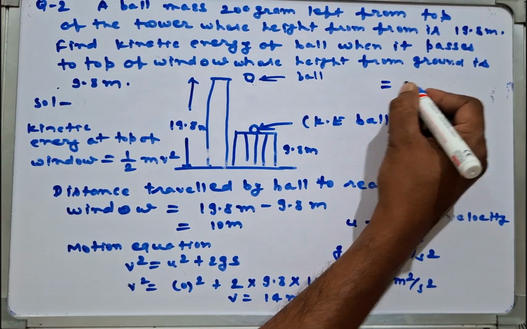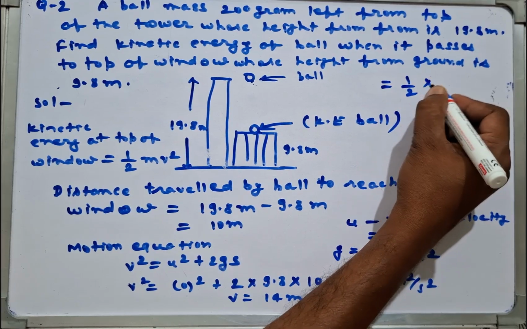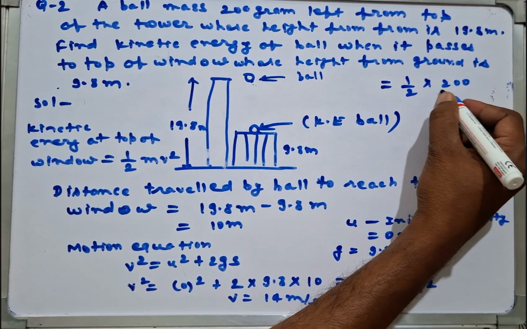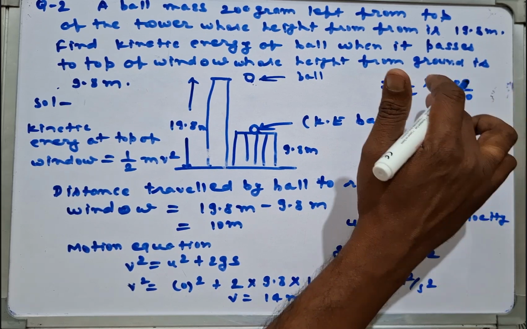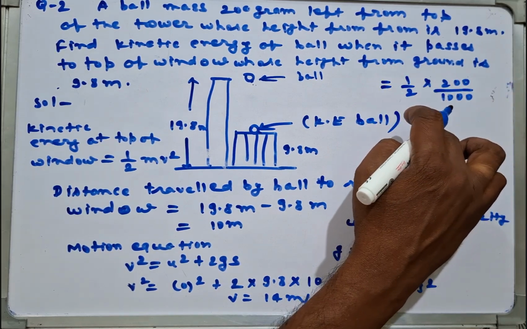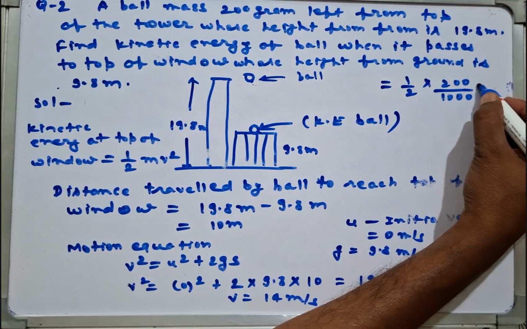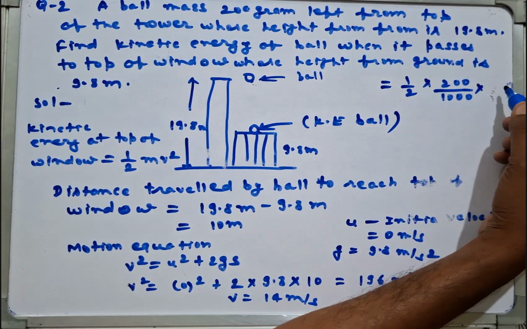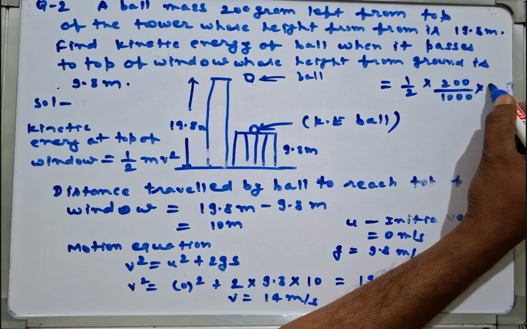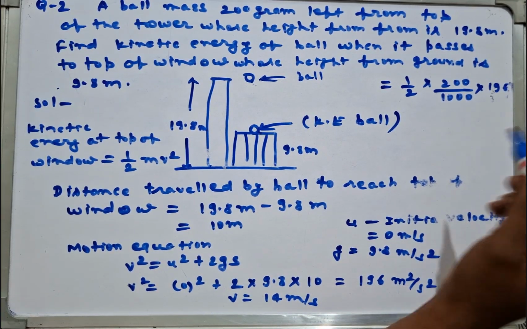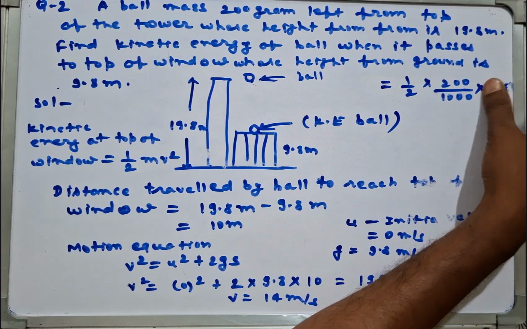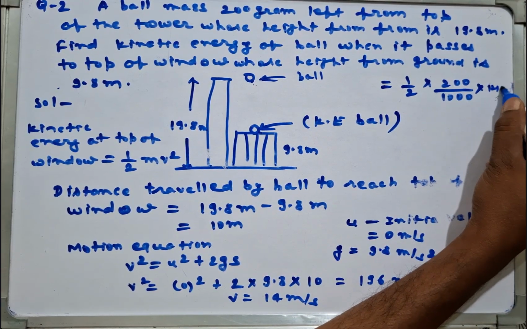So kinetic energy equals 1 by 2 into 200 divided by 1000. Why? Because you need to convert into kg, the SI unit. Here v square equals 196, or v equals 14 into 14.